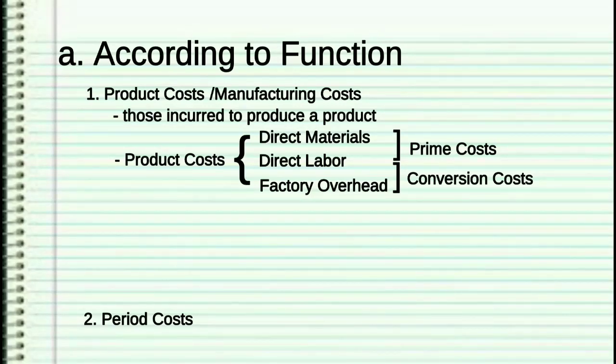Kasi nga, ang direct labor at factory overhead, ito yung mga kailangan para ma-convert yung materials into finished products or finished goods. Remember, we have three manufacturing costs: direct materials, direct labor, and factory overhead. Pag pinagsama mo yung direct materials at direct labor, ang tawag doon, prime cost. Pag pinagsama mo yung direct labor at factory overhead, ang tawag doon ay conversion cost.